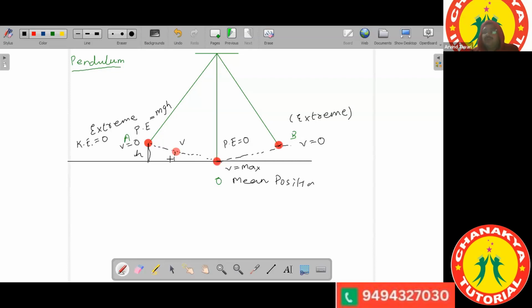So at every point it will have some potential energy. Even at the surface its potential energy will not be zero. Potential energy is always measured as a difference, right? So that is the reason we have chosen this point to be the reference point.